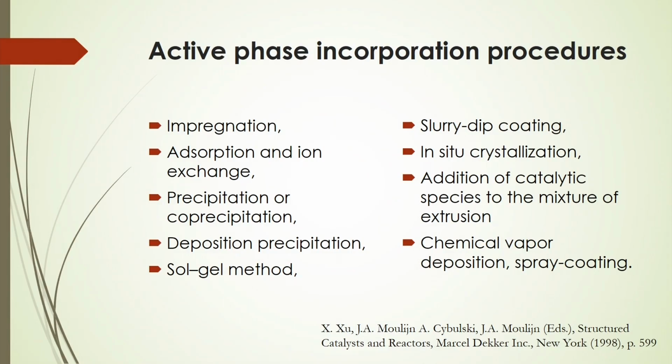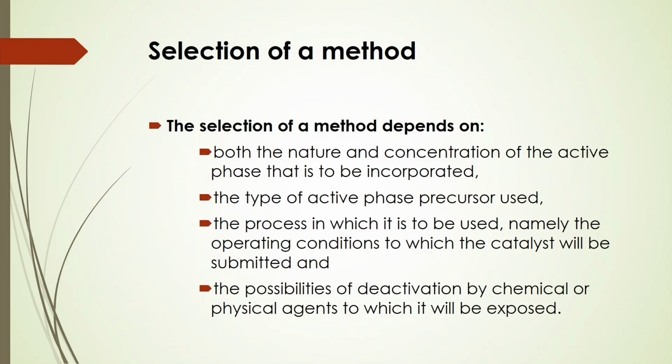Except for impregnation, we can use adsorption and ion exchange, precipitation or co-precipitation, deposition or precipitation, sol gel method, slurry dip coating, in situ crystallization, addition of catalytic species to the mixture of extrusion, chemical vapor deposition, and even spray coating is another important method to incorporate these active phases over the monolithic structure.